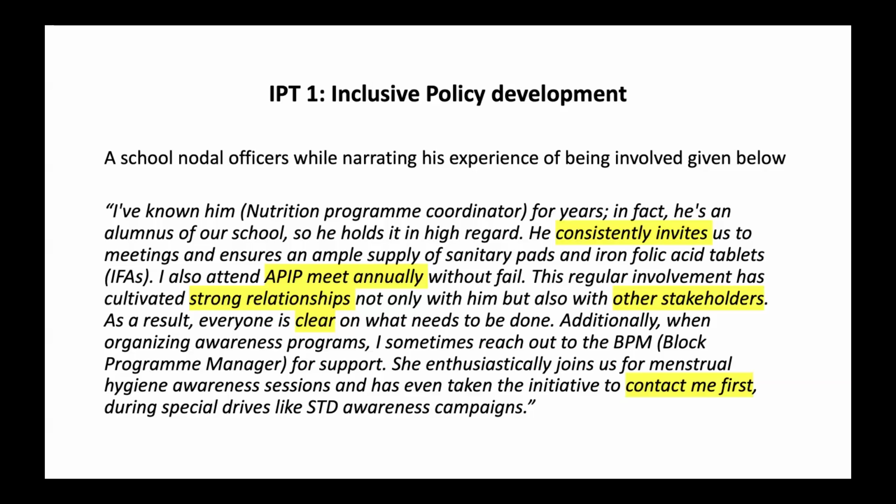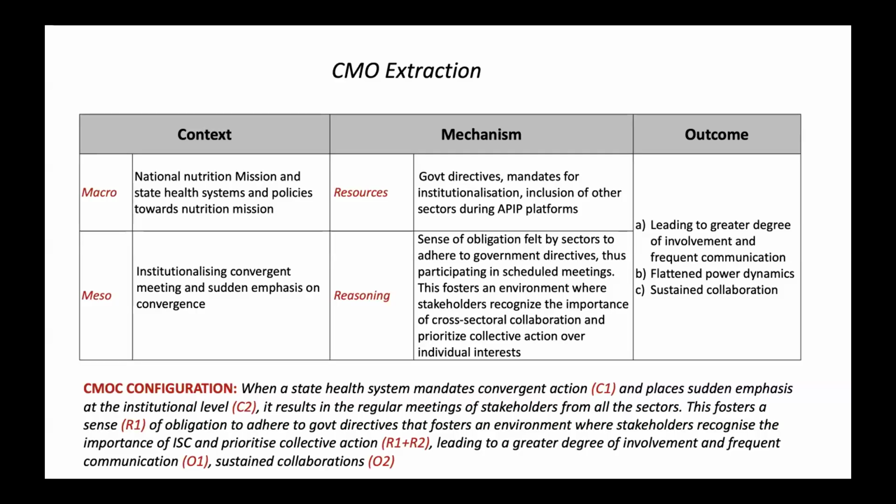One of the school nodal officers, while narrating his experience of being involved, said, I have known that person for several years, he is an alumnus of our school, and he consistently informs and invites me to meetings and so on. So from the whole narrative, you need to identify key terms like consistently inviting, being invited continuously, a strong relationship, he values our stakeholders, clear communication, and he contacts me first. Once you have such codes, you can actually start to extract CMOCs.